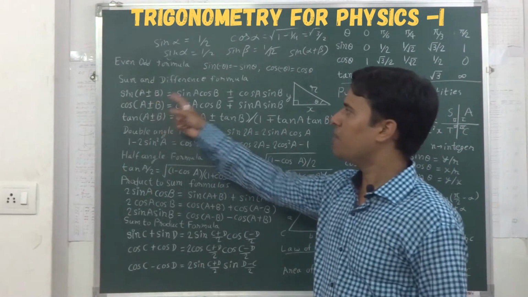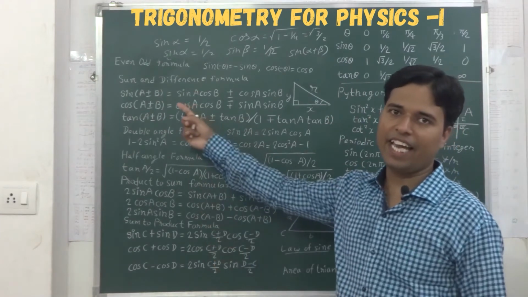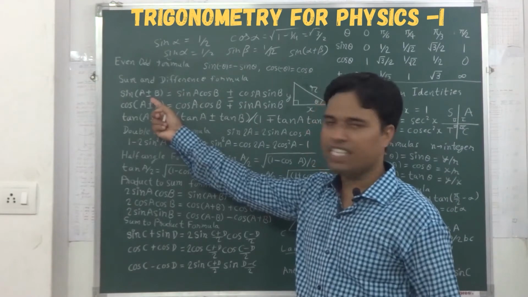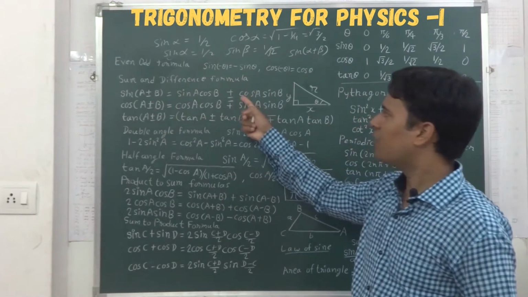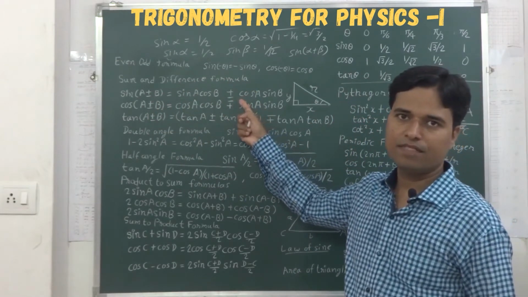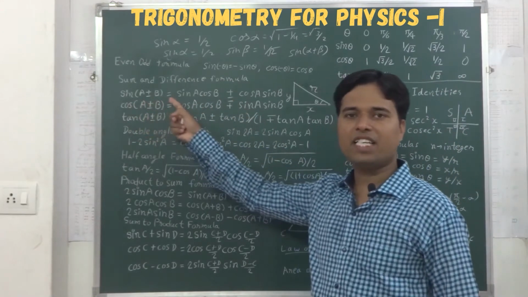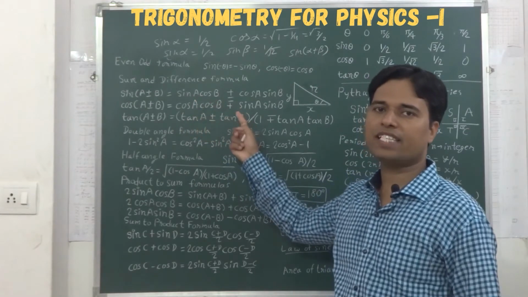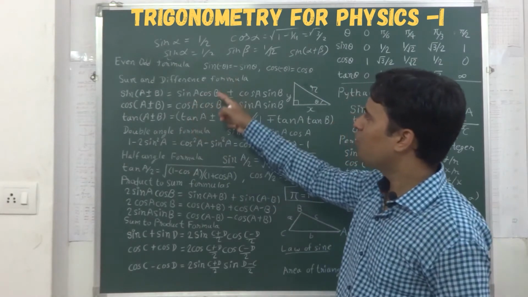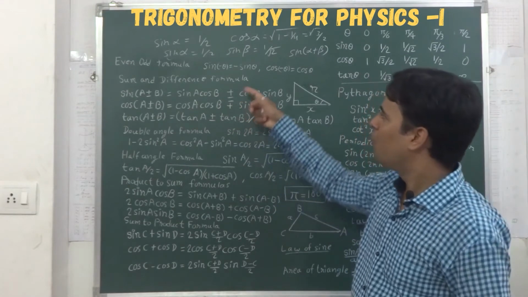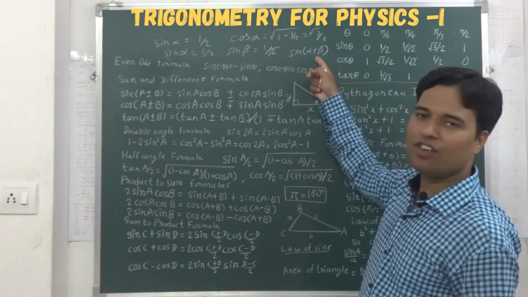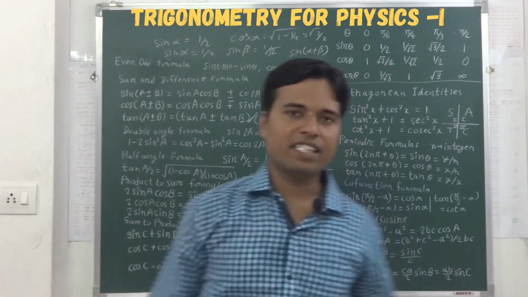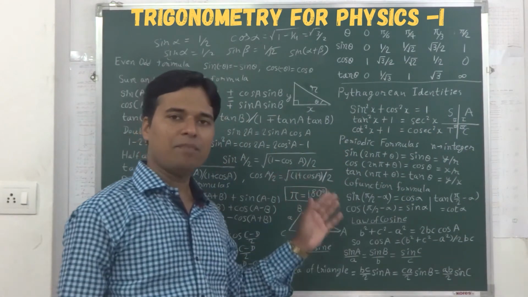For sine of a plus b, you can write sine a cos b plus cos a sine b. With the plus sign here, you will use the plus sign there also. For sine of a minus b, you will have to write sine a cos b minus cos a sine b. Now dear students, you can use this formula for finding the value of sine of alpha plus beta.